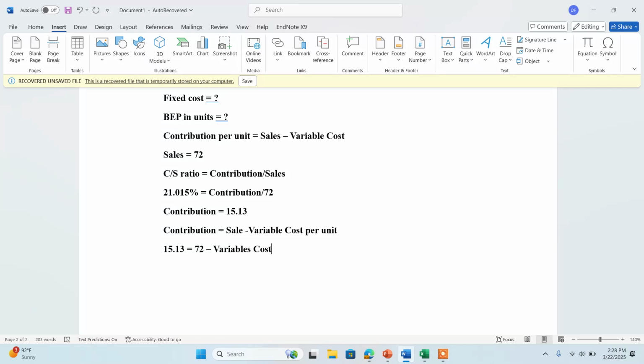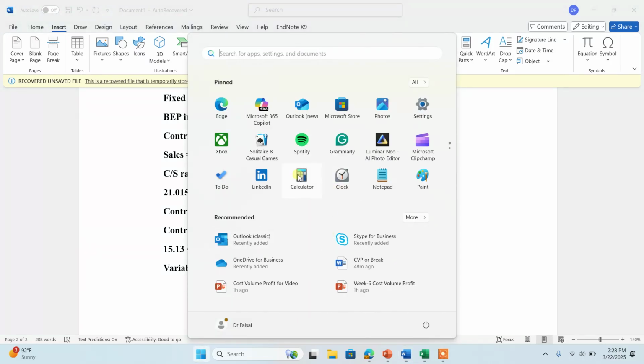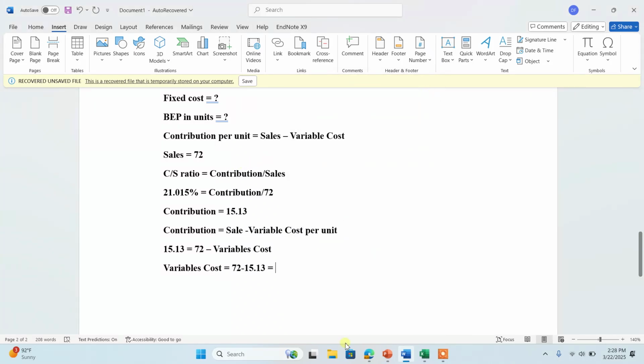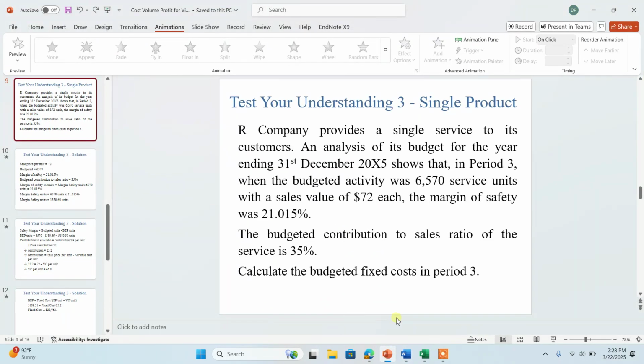To find out the variable cost, I can put it on the other side of the equal, and this is equal to 72 minus 15.13, 56.87. I don't know where I made the mistake.